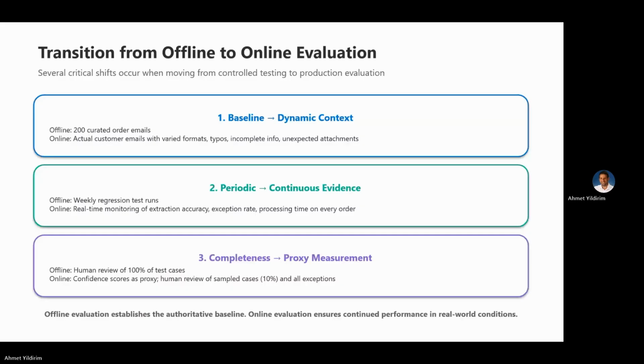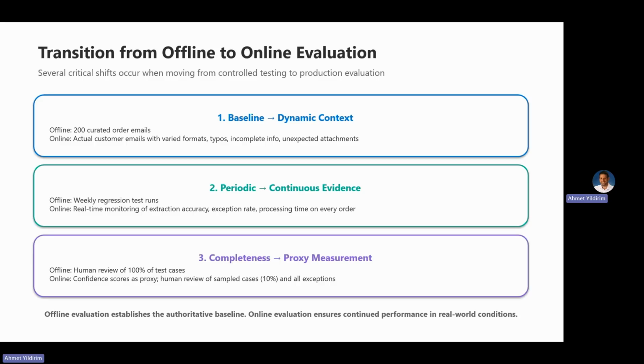Third, you go from completeness to proxy measurements. In offline, humans can review 100% of test cases. In online, you use confidence scores as a proxy with human review of sampled cases. Typically it's around 10%, of course, plus all exceptions. These three shifts are why production evaluation is a different discipline.